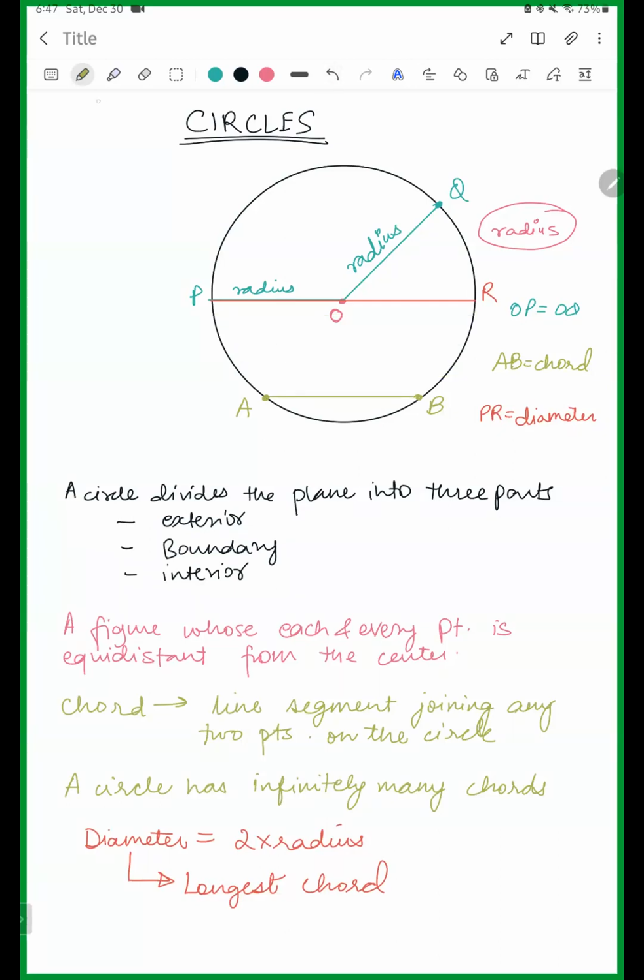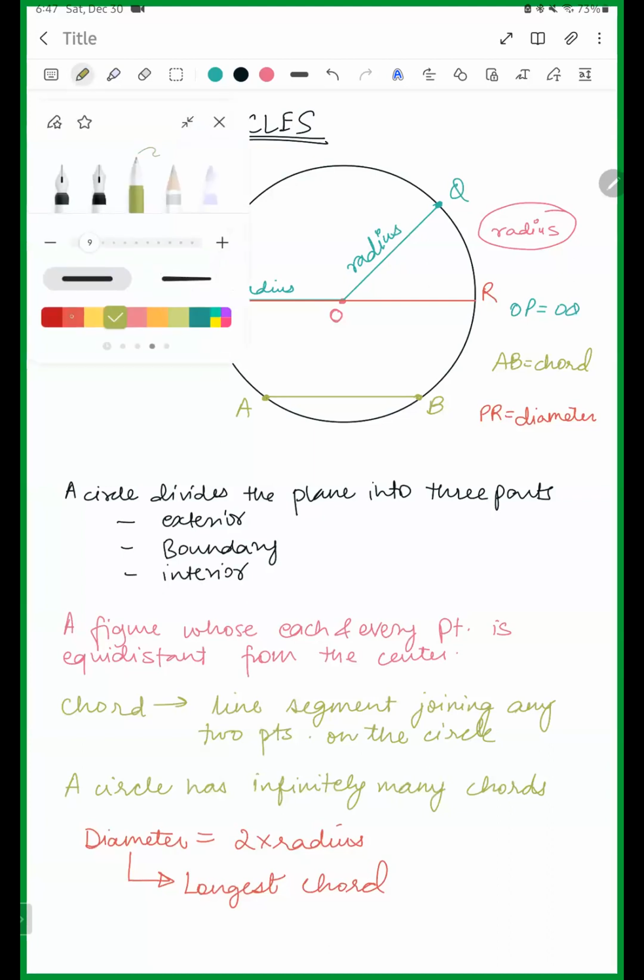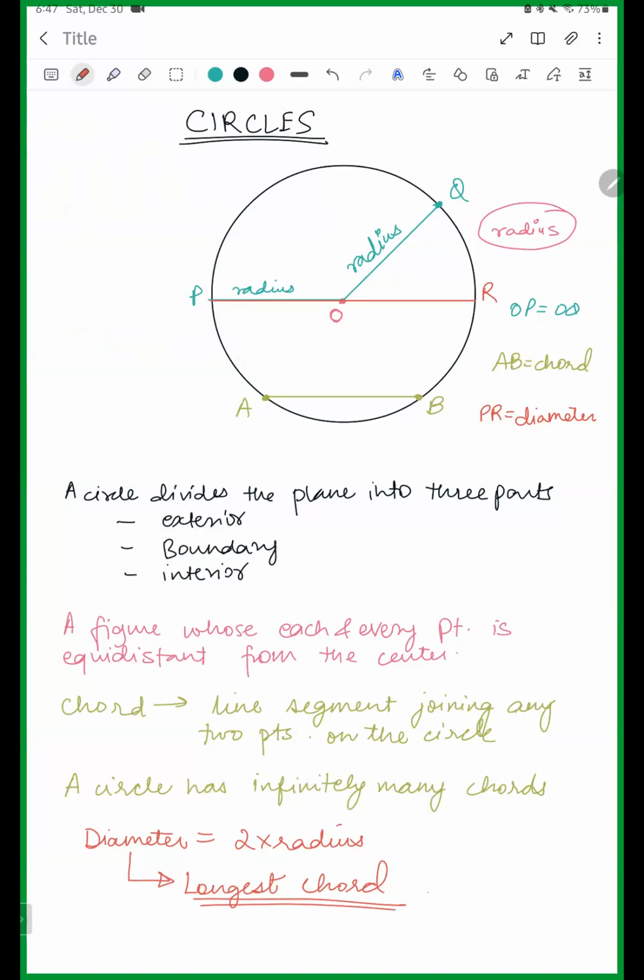Always remember this point because this is going to come in handy, the longest chord point. Now, a chord, if you forget about all of these other things, divides the circle into two different regions, this portion and the rest of the circle, right?